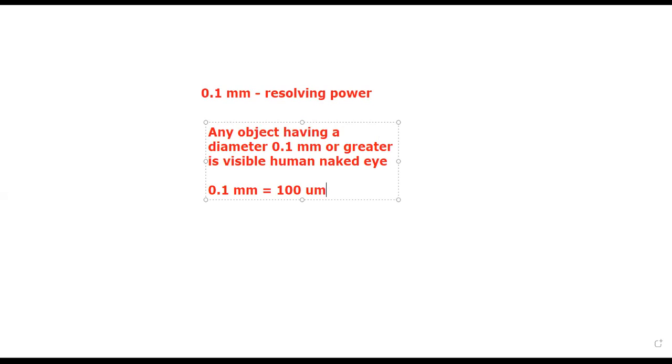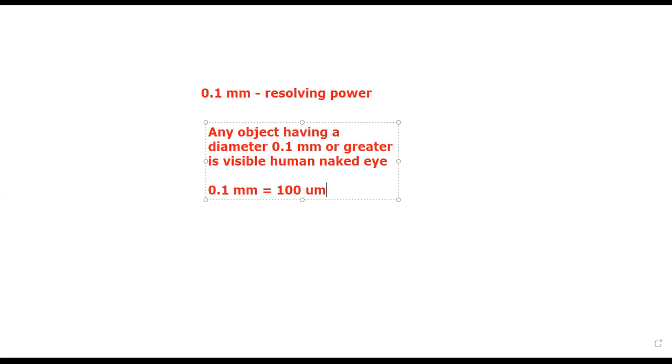How many micrometers in 1 millimeter? 1 millimeter equals 1000 micrometers.